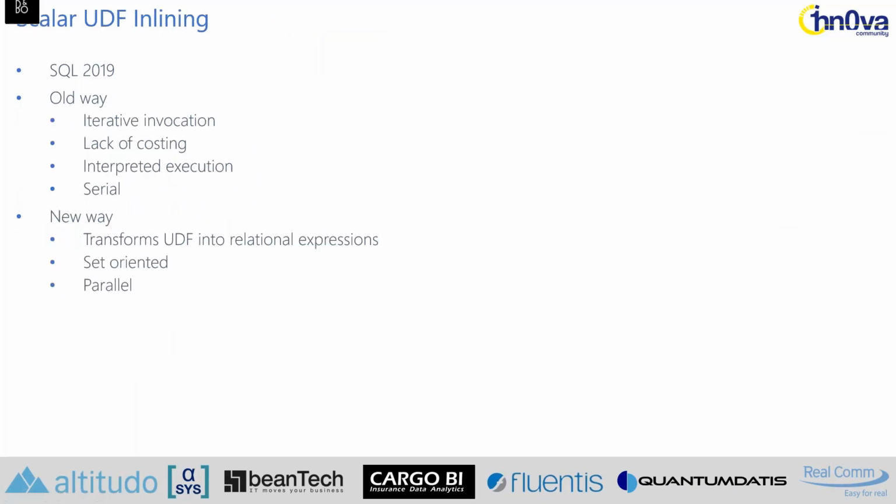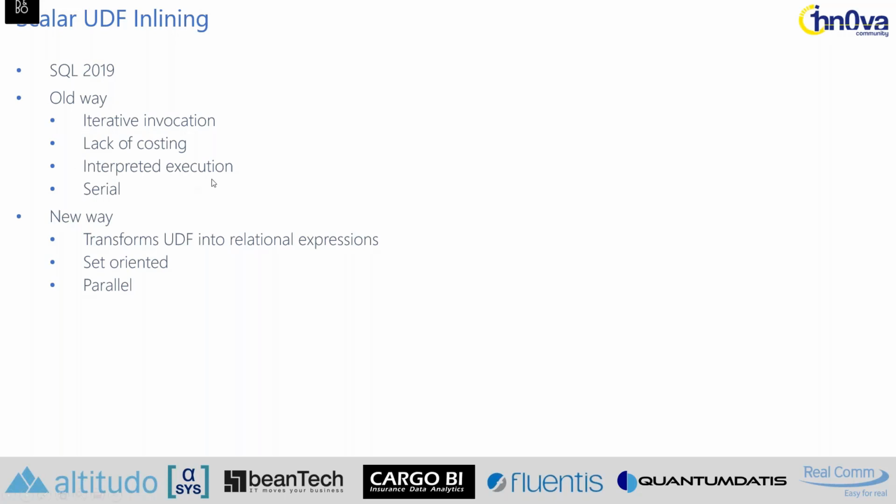Next feature is Scalar UDF Inlining, which works only in SQL 2019. And we all know that the old way was iterative invocation. There was a lack of costing in the execution plan that we could see in Management Studio.